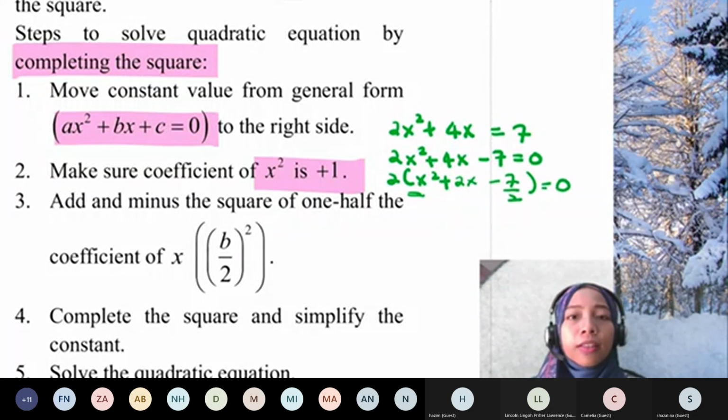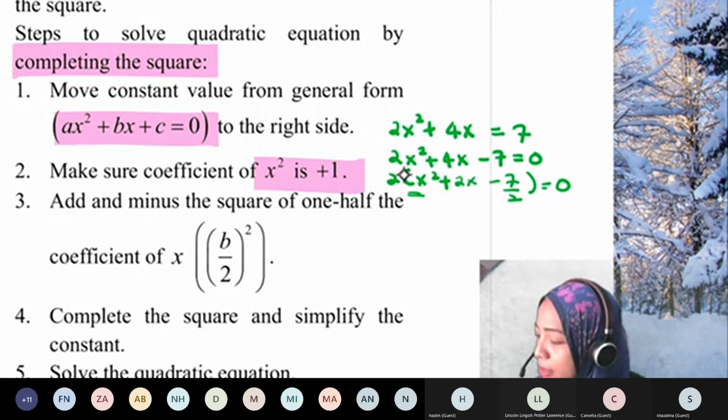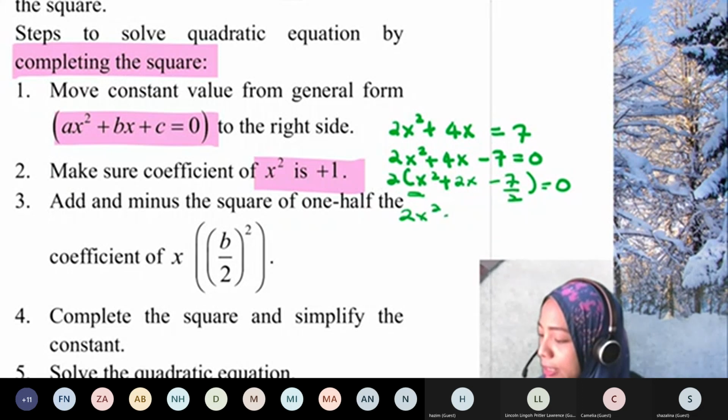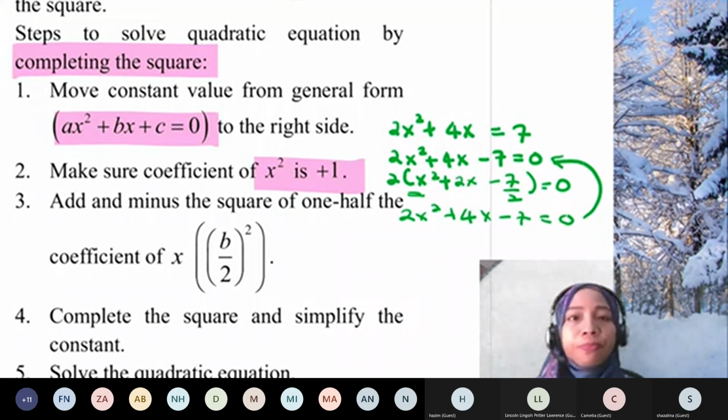Nampak tak? Boleh ke? Nampak tak kenapa I buat minus 7 over 2? Bila I expand semula mesti dapat yang sama seperti yang ini. Boleh? Boleh, madam. Okay.